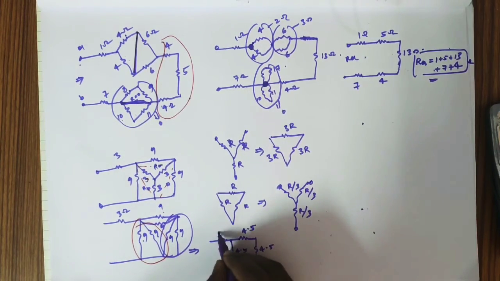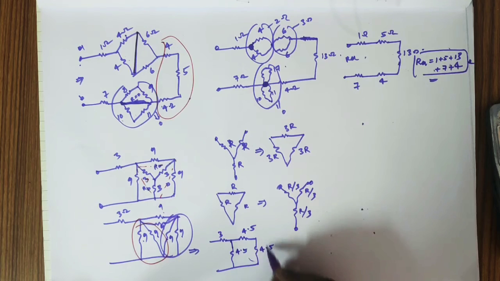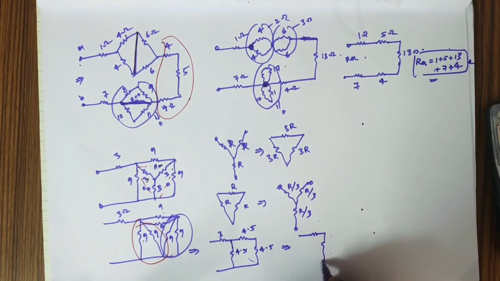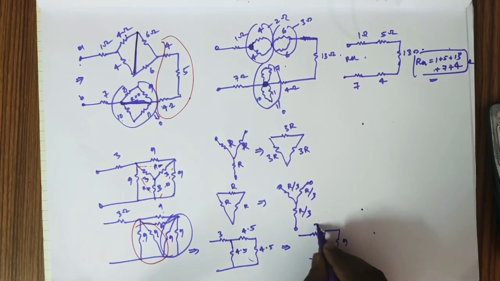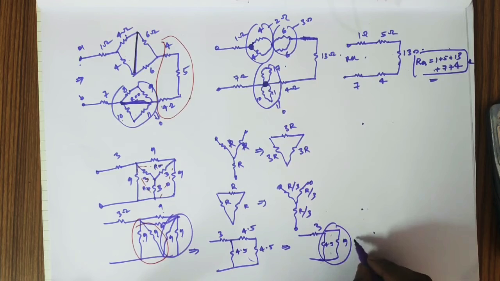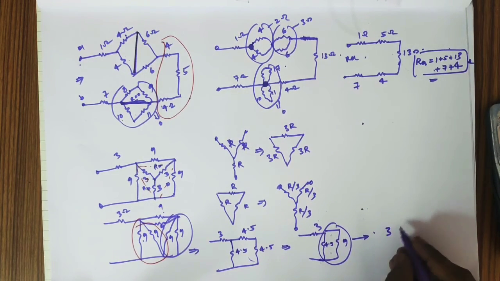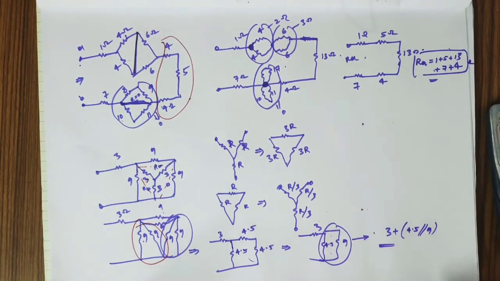So things got normal now. These 2 elements are in series, you'll do that. So what is the value you get? 9 ohms, and this is 4.5 ohms, and these 2 in parallel, and again parallel and series. So 3 in series with 4.5 parallel with 9. Okay, finish.